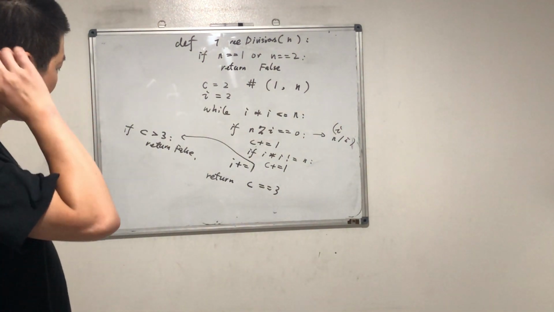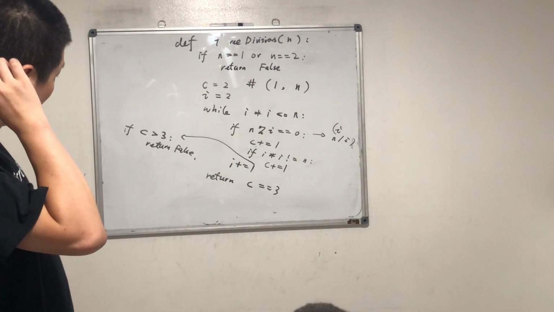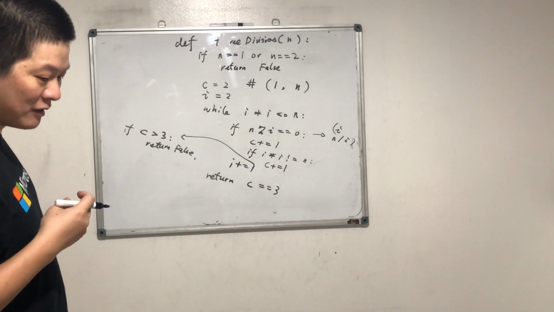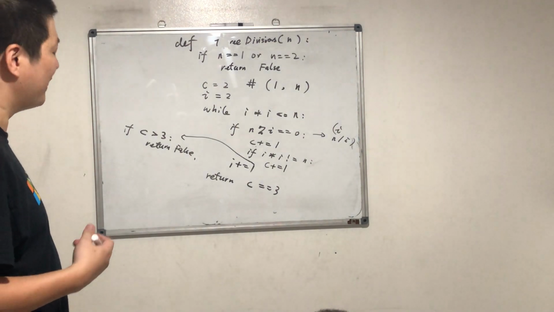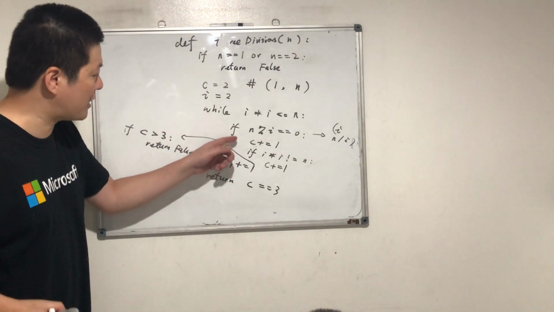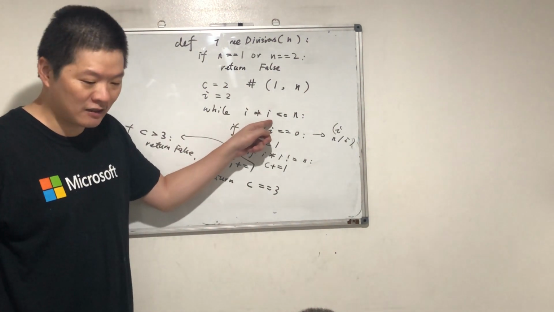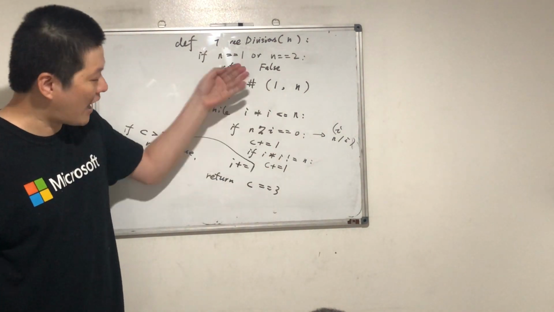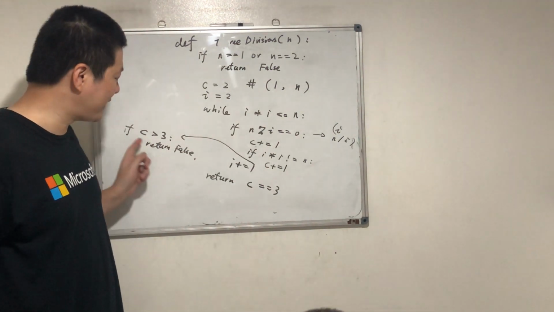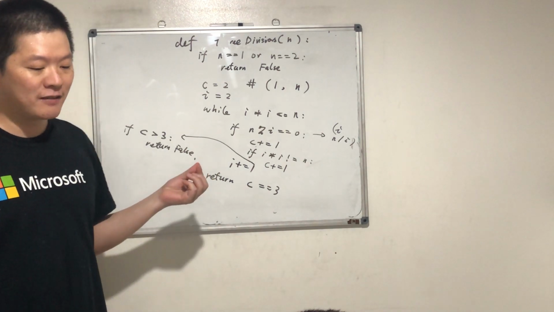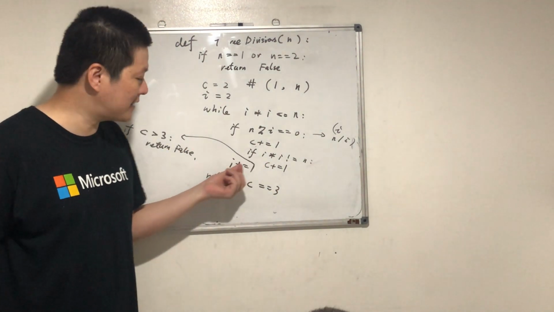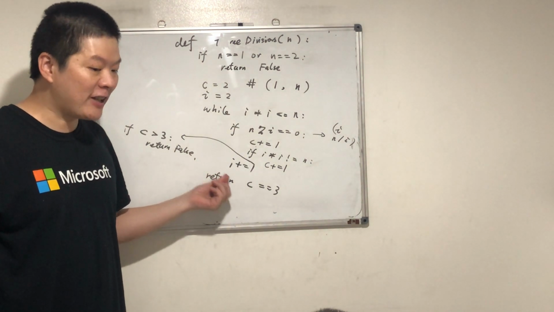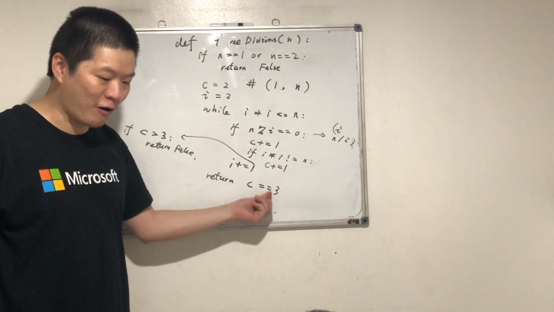What's optimization? To make it a bit better, to improve it. Because look, if this is going to take a few other iterations to end, and we already found more than 3 divisors, the answer is already known as false.